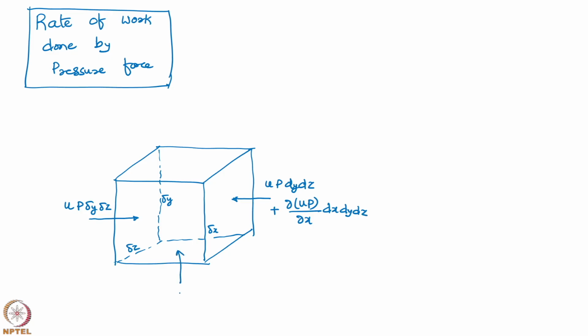Now here again P into dx dz is the force, into velocity, velocity is v in the y direction, and here this is vP dx dz plus dou of vP by dou y into dy dx dz.